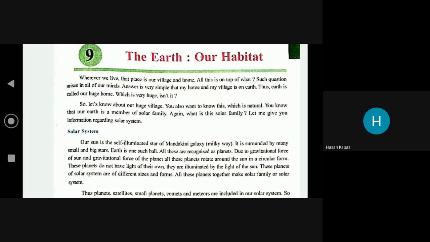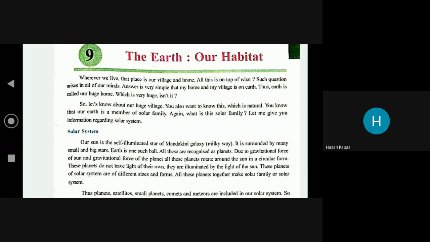You know that your Earth is a member of the solar family. Again, what is the solar family? Let me give you information regarding the solar system. Our sun is the self-illuminated star of the Mandakini galaxy, the Milky Way.